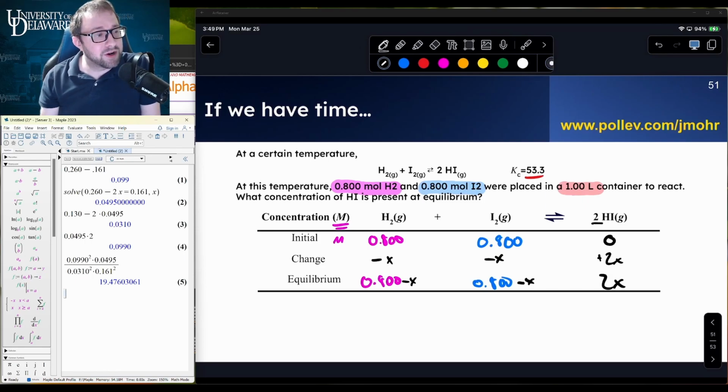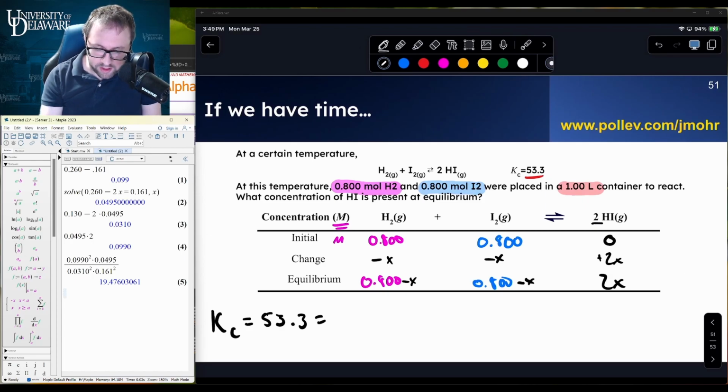Once we've made it this far, we can just plug into Kc, right? So we know our capital Kc is equal to 53.3, and that's going to be on the top. We're going to have products, which is going to be our concentration of HI squared over our H2 concentration.